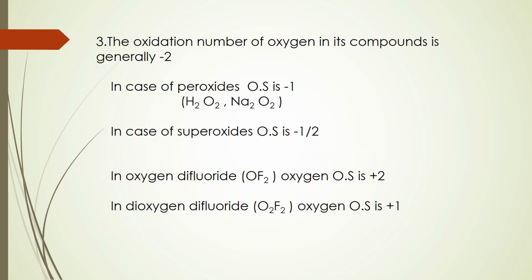Number 3, the oxidation number of oxygen in its compounds is generally -2. There are some exceptions for oxygen. In case of peroxides, oxidation state of oxygen is -1. H2O2 hydrogen peroxide, sodium peroxide are examples of peroxides. In case of superoxides, oxygen oxidation state is -1/2.